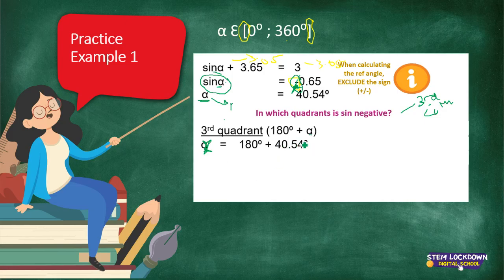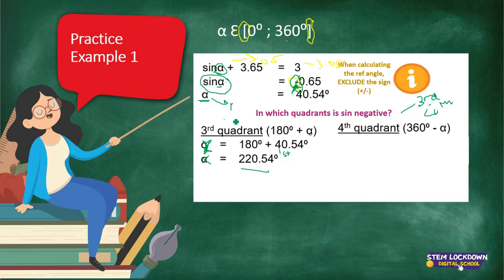So then we're going to say that our x is equal to 180 degrees plus 40.54 in the third quadrant. So x again in the third quadrant will be 220.54 degrees. This is our first answer on when this could come out as true, right?